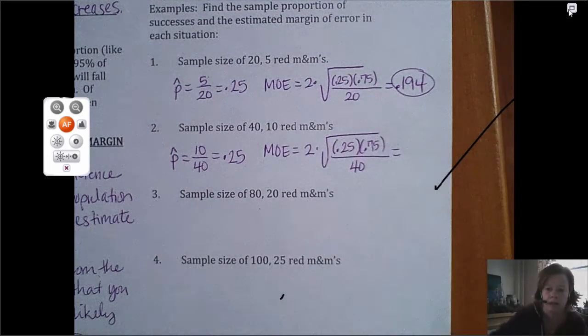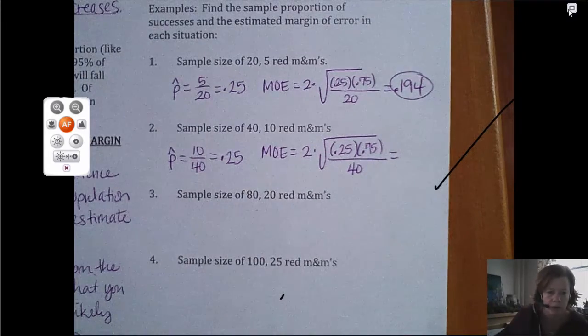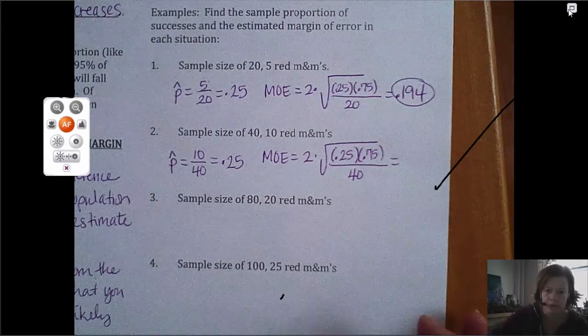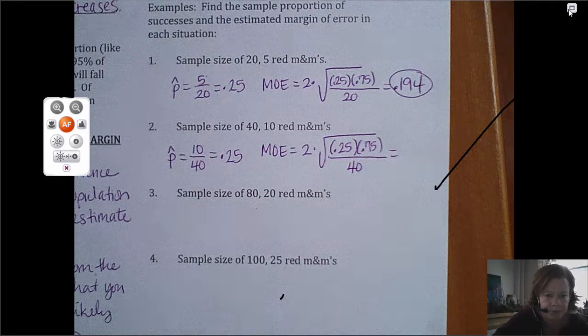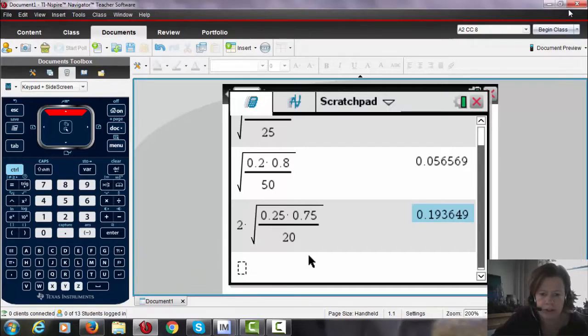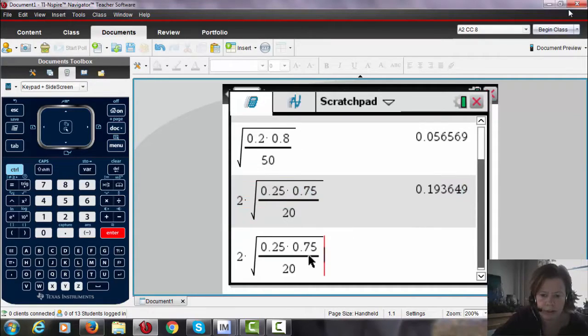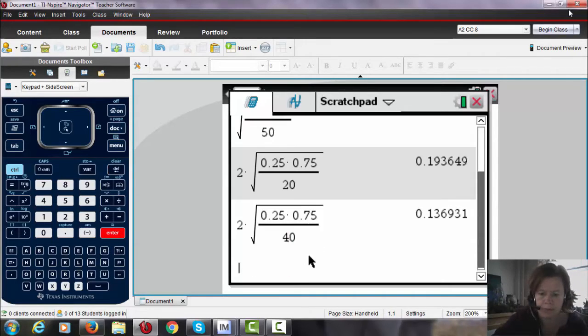Again, quick calculator work. Just edit our last setup and change that denominator to 40. And there's our new margin of error.